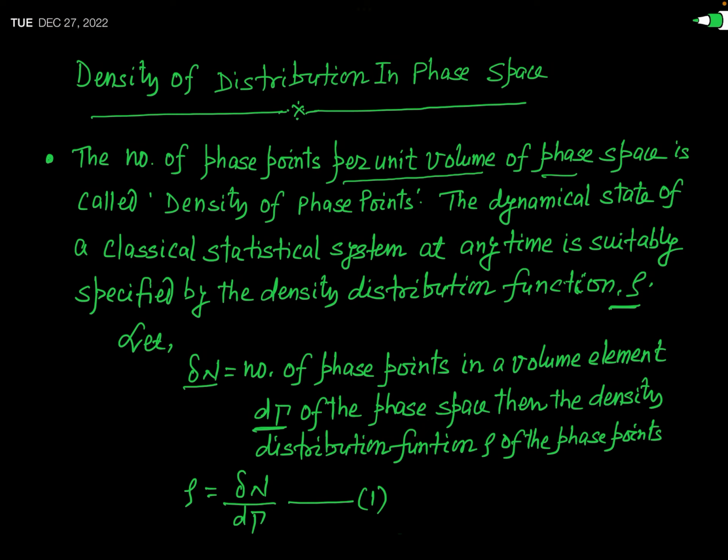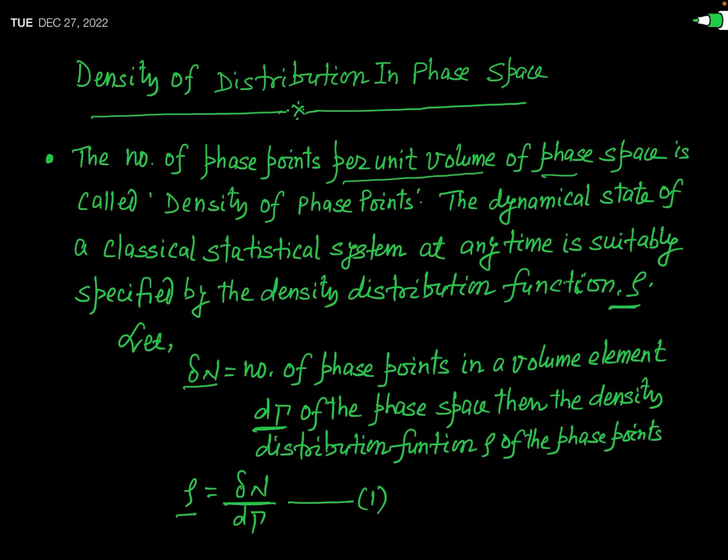If delta n is the number of phase points in the volume d gamma of phase space, then according to the definition, what will be the density distribution function? As the number of phase points per unit volume is called the density of phase points, rho will be simply equal to delta n divided by d gamma.